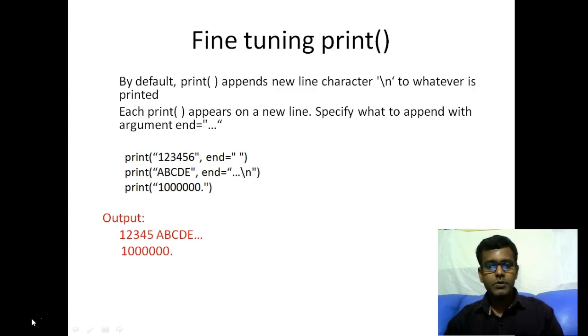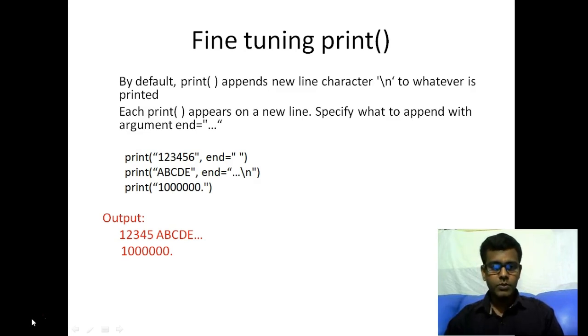End equal to, I have given a blank space. What will happen if I do not give this end attribute? Normally 1, 2, 3, 4, 5 gets printed, and in the next line automatically A, B, C, D, E gets printed.